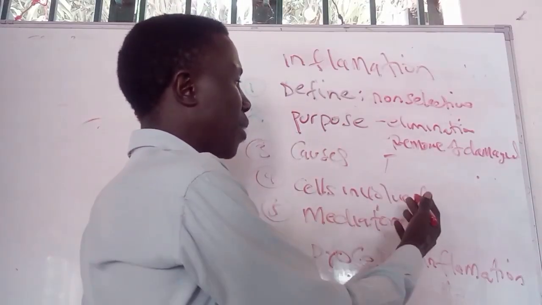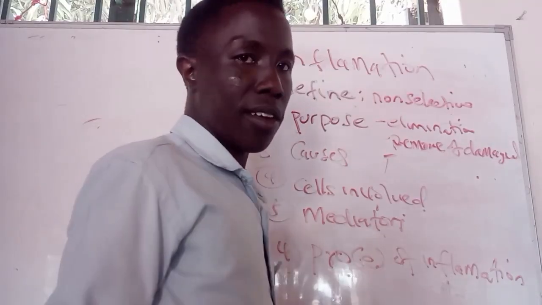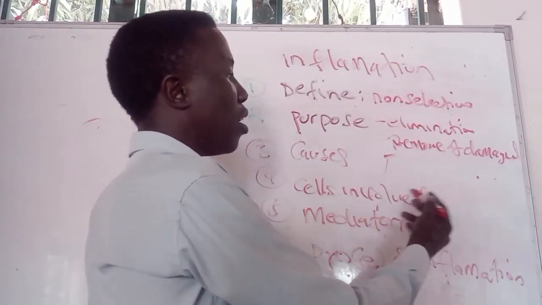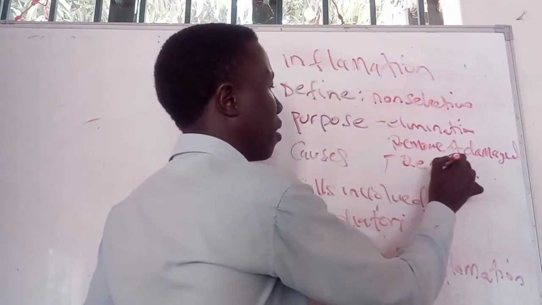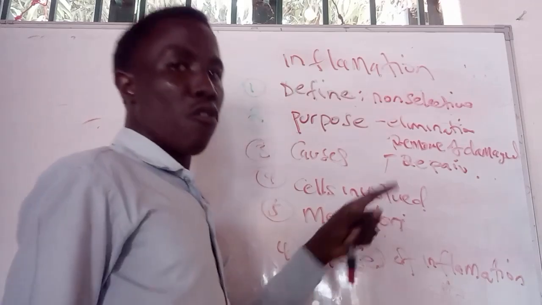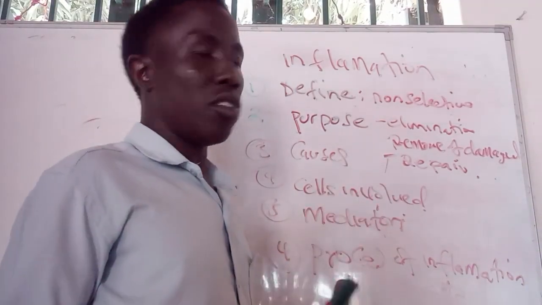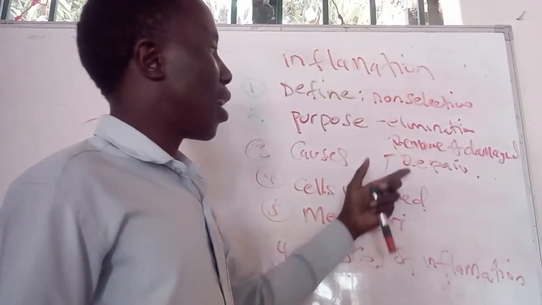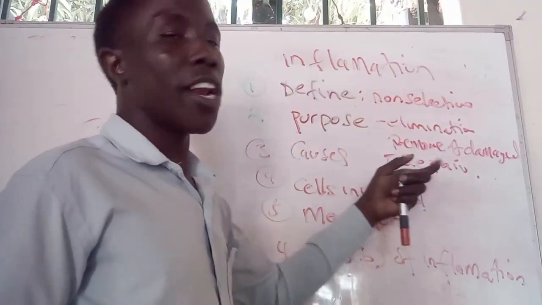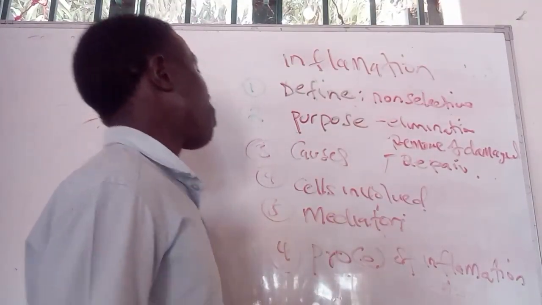Once this inflammatory response comes into play, it also plays a big role in repair of worn-out tissues. So those are the major reasons why inflammation comes into play: elimination of the microorganism, removal of the damaged tissues, and initiation of tissue repair.